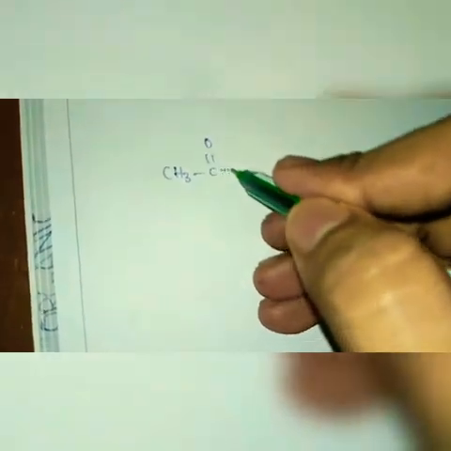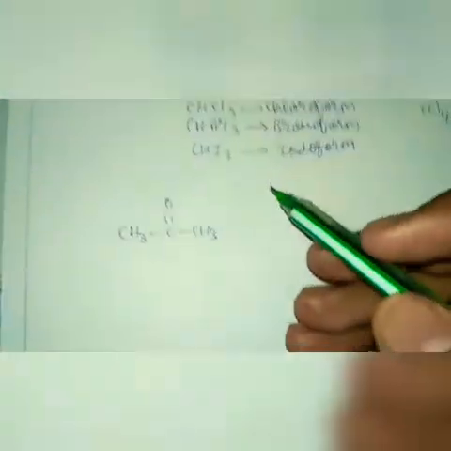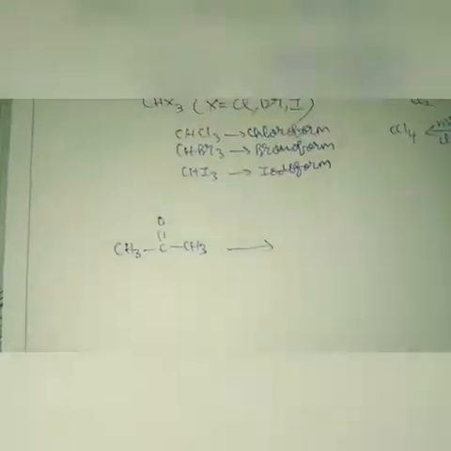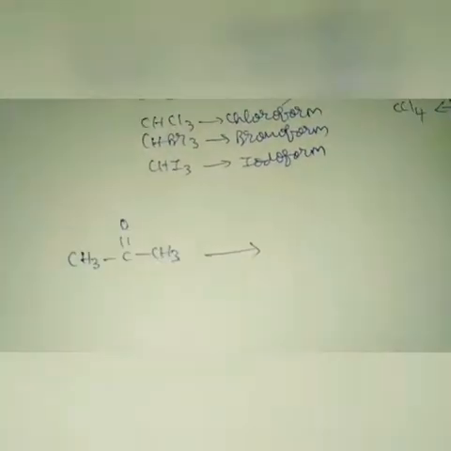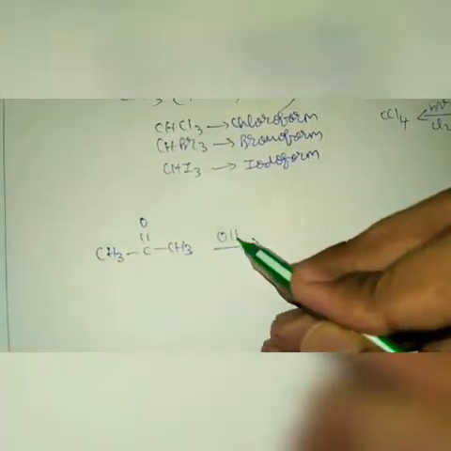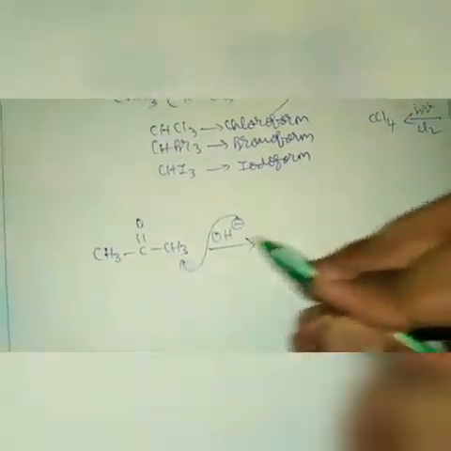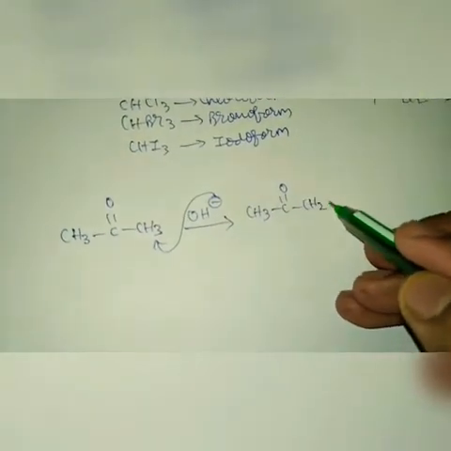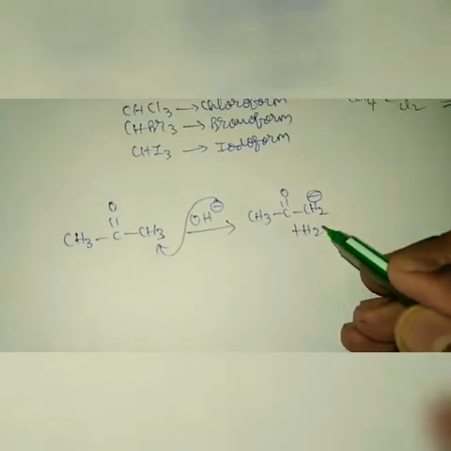First, I'll tell you using acetone only. You always take acetone as example. As we have seen in the alpha halogenation, it will take basic medium only. So OH minus, it will undergo this, CH3, C double bond O, CH2 minus plus H2O.